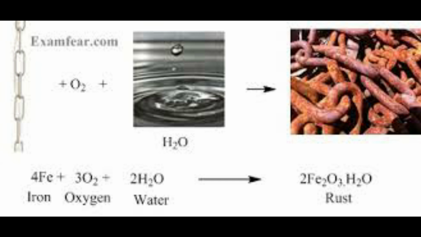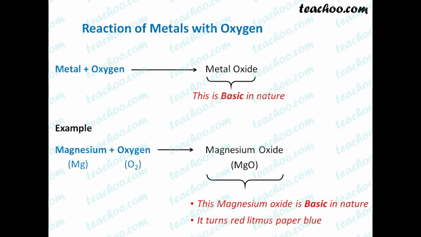Let us see another example of the reaction of metals with oxygen, that is, a magnesium ribbon burning in air. Take a white colored magnesium ribbon. When it is burnt in air, you can see it burns completely and forms magnesium oxide.